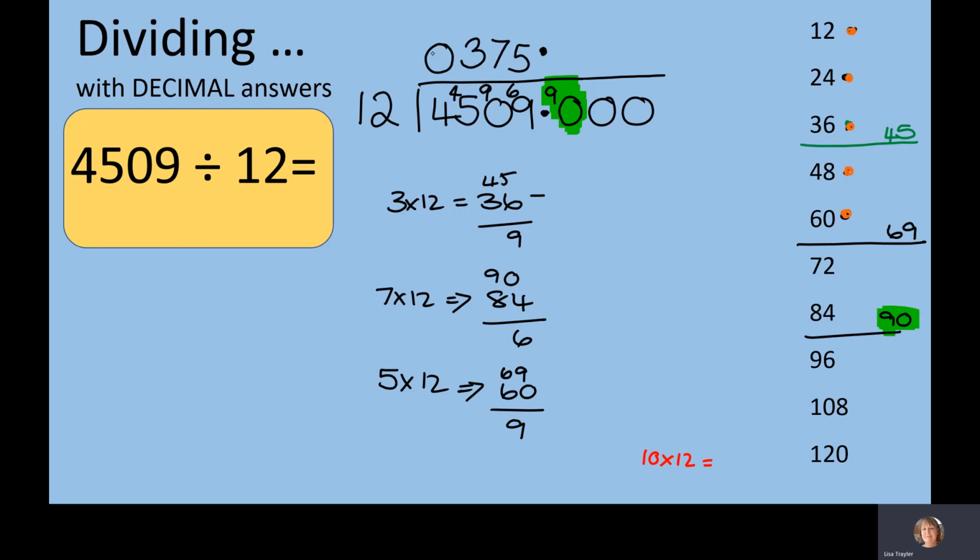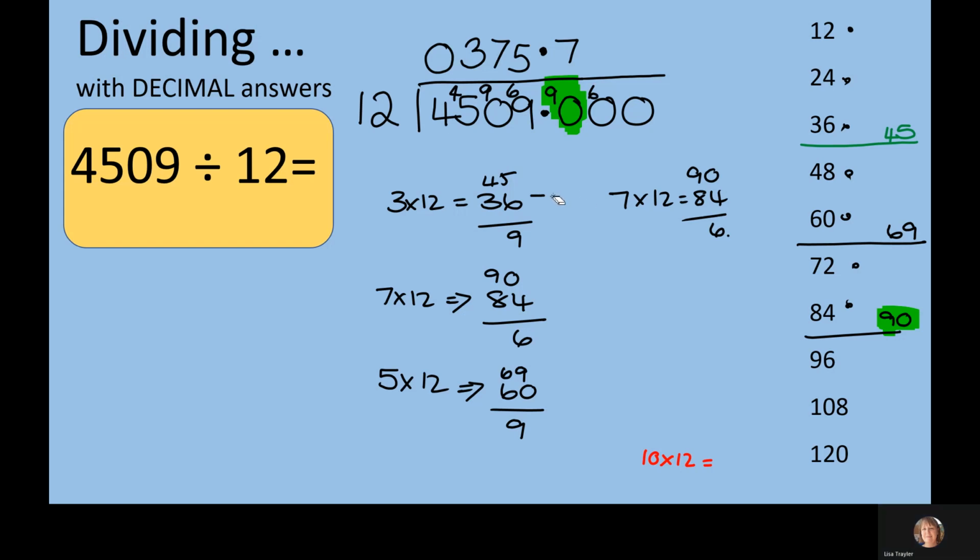Let's tidy this up a little bit. We're looking again at how many 12s go into 90, and that's 7 again. 7 times 12 equals 84, and the highlighted number was 90, so we've got a remainder of 6. That 6 is going to sit next to a 0.